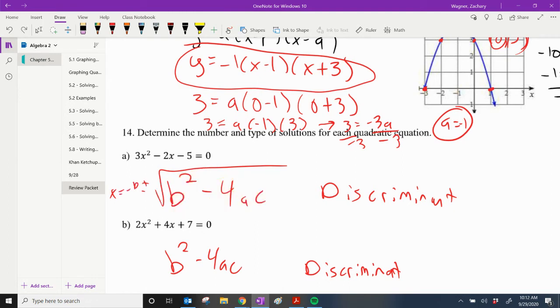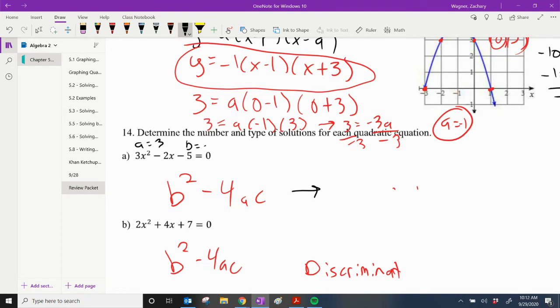Because if you were to take b squared minus 4ac, for this example, your a value is 3, b value is negative 2, c value is negative 5. b squared is negative 2 squared minus 4 times 3 times negative 5.